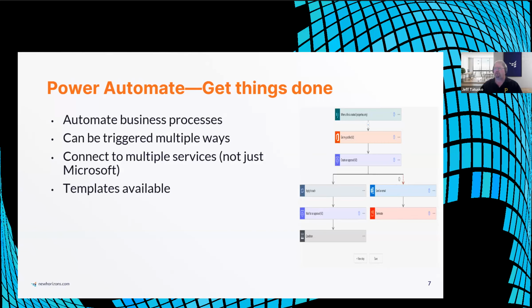If you look over on the right side of the screen there, and again, it looks a little bit funny, that is an example of what's called an approval flow. So in other words, it creates all kinds of different steps that were done pretty much automatically. So in this case, it's saying, okay, if somebody uploads a file into a SharePoint site, maybe that file needs to be approved before everybody can go ahead and see it.